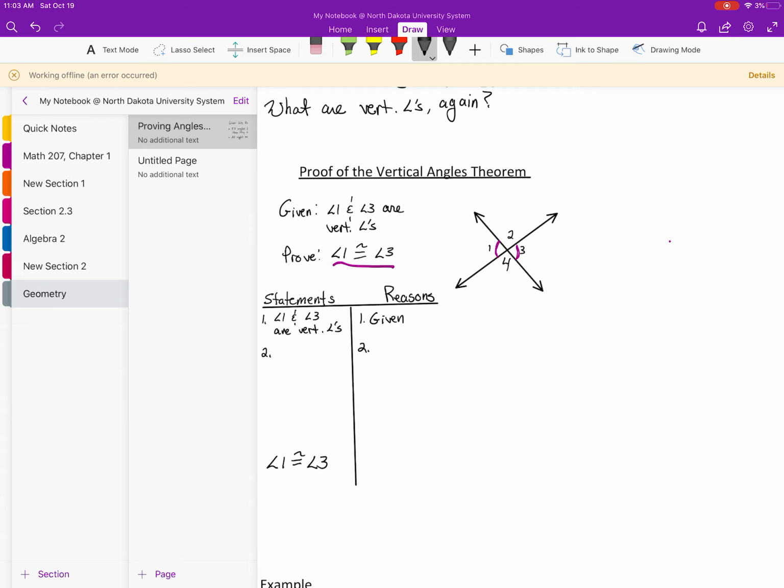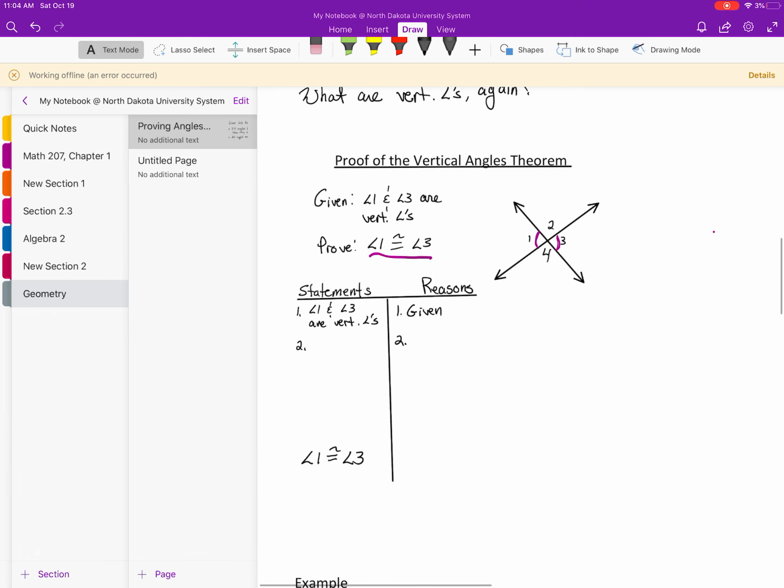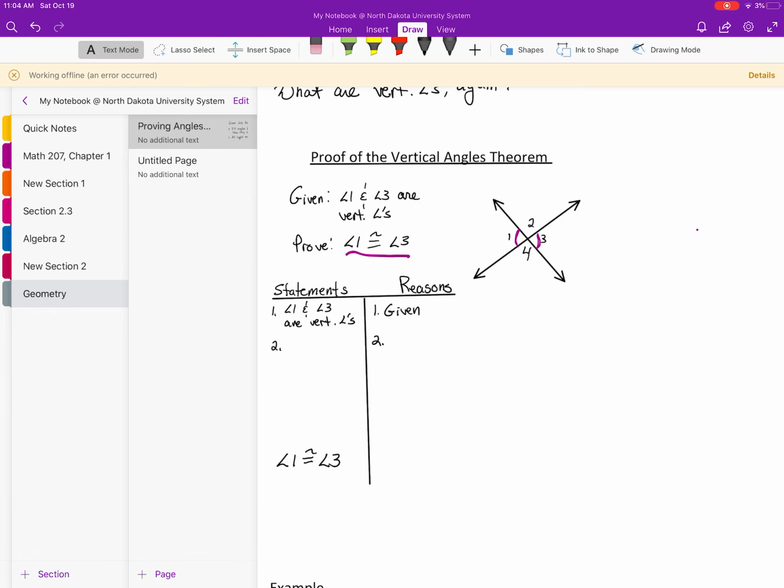How do we get from we know they have a certain relationship to they are of equal measure? Sometimes it's helpful to skip to the last step and see what step you need right before the last step to get there. And this is a fairly short proof. I haven't numbered that statement because I don't know how many statements I'm going to end up with.